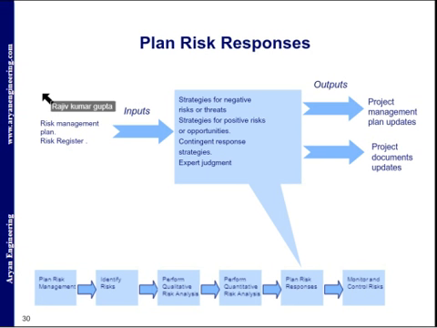Responses may include doing one or all of these: do something to eliminate the threat before it happens, do something to make sure the opportunity happens, decrease the probability or impact of threats, or increase the probability or impact of opportunities. Here you can see these are the inputs, these are our tools, and our outputs are project management plan updates and project document updates that we have already discussed.